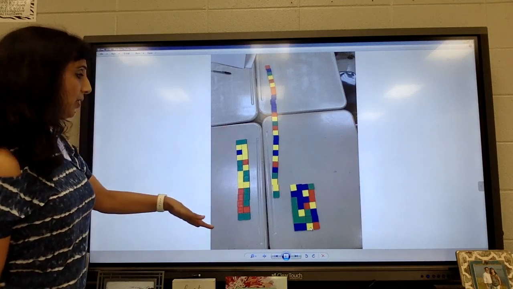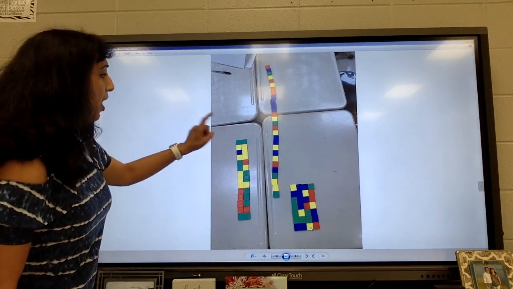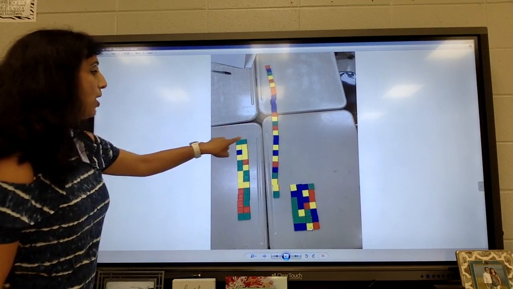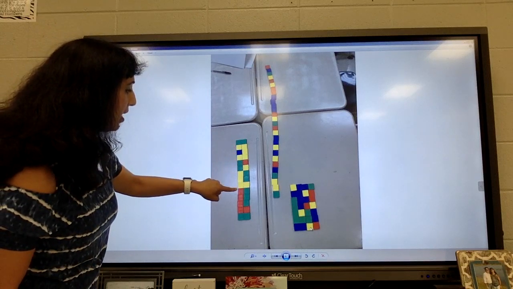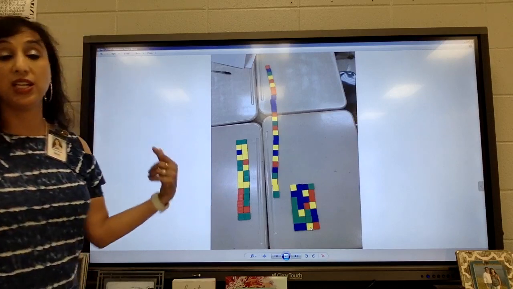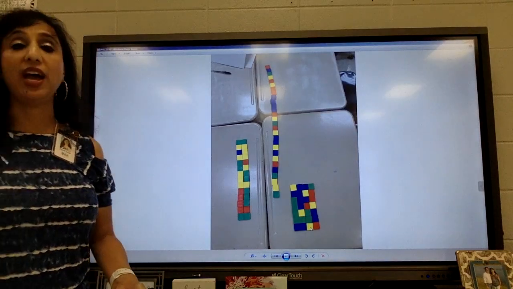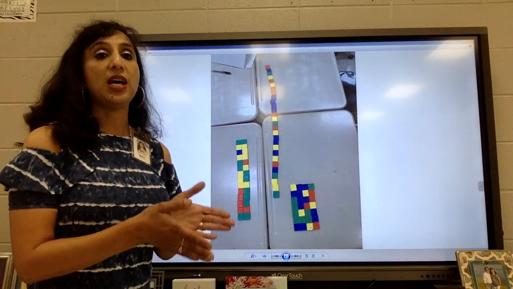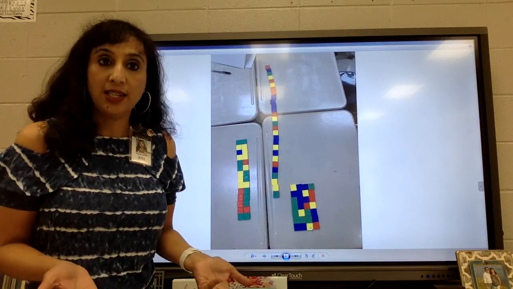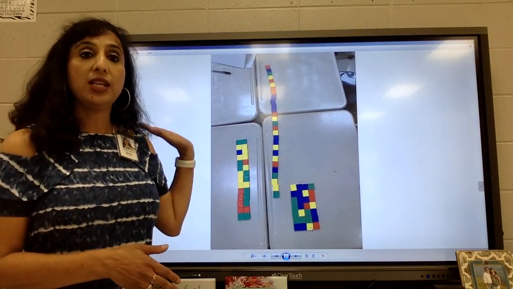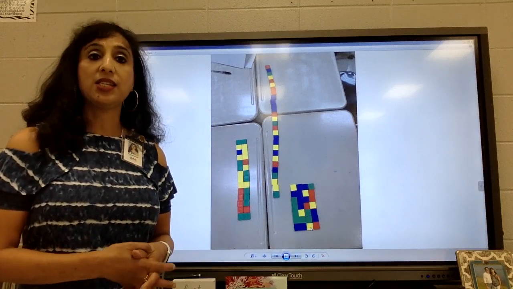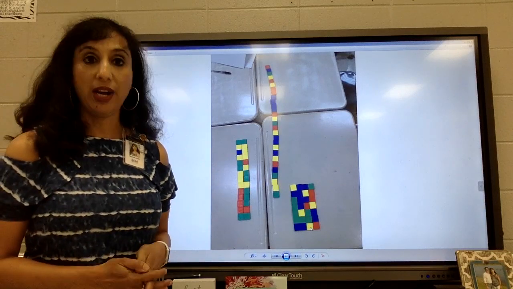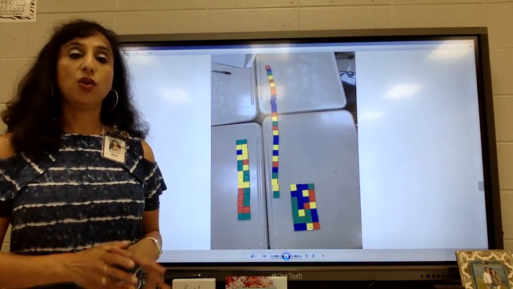Okay, so let's look at this one. This child did 1, 2, 3, 4, 5, 6, 7, 8, 9, 10, 11, 12, 13, 14. And there are 2 layers of that. So 14 plus 14 and got 28. Because we are all, in this case, trying to find how can we get 28 as the area of the rectangle.